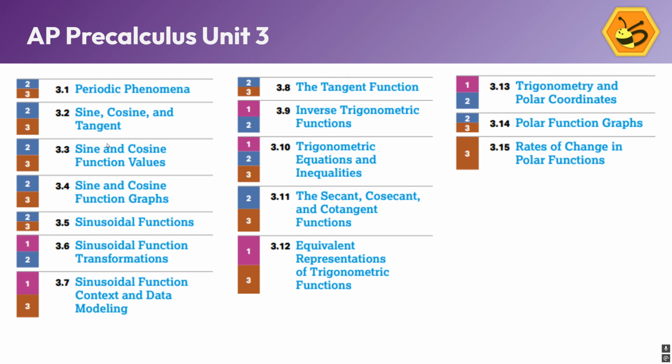And then Unit 3 is split, for our purposes, into 3 lectures. Our first one will be covering this and 3.8. Our second one will cover 3.9 to 3.12. And our third one will be all about polar. The first one will be held next week, and the other two are held later on.